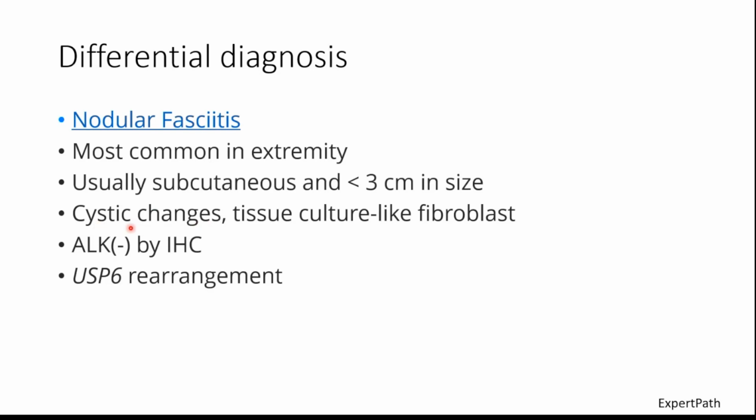Just bear in mind, you can see the changes even at low power, and then at high power we can see tissue culture-like fibroblasts. But I think this overlaps with IMT, so it is not really reliable. And of course, ALK is negative. The good thing for nodular fasciitis is that we have the MYH9-USP6 translocation, so we can send out FISH for USP6.